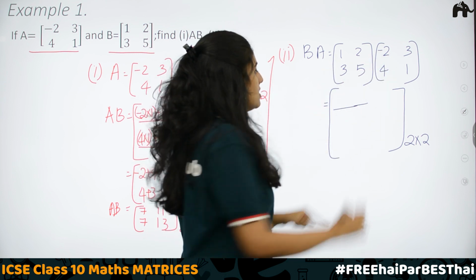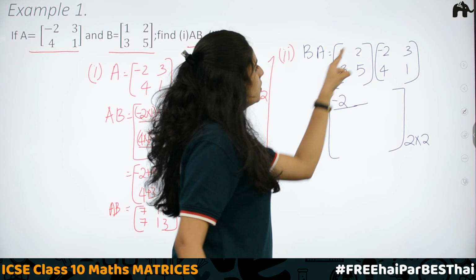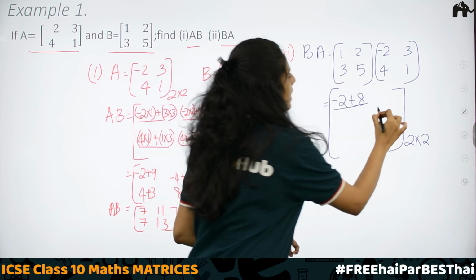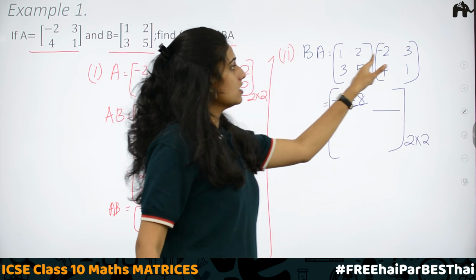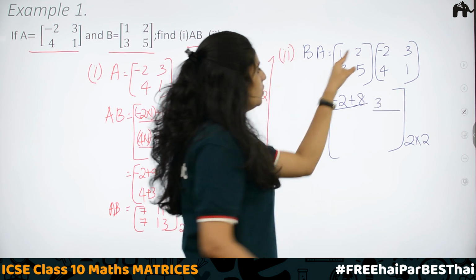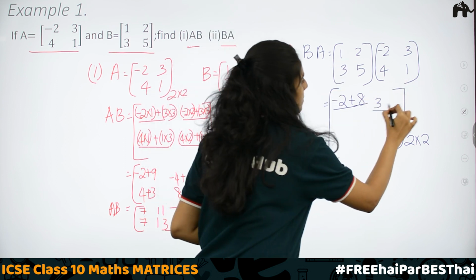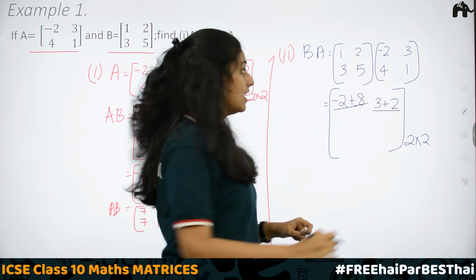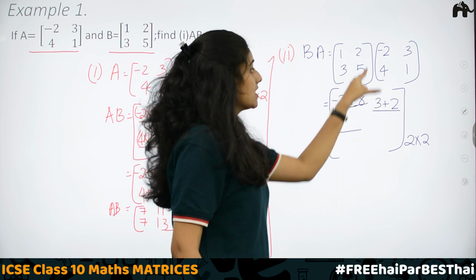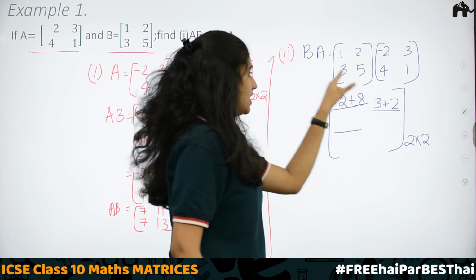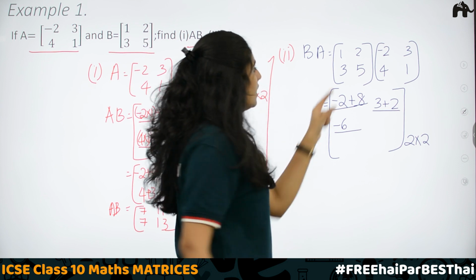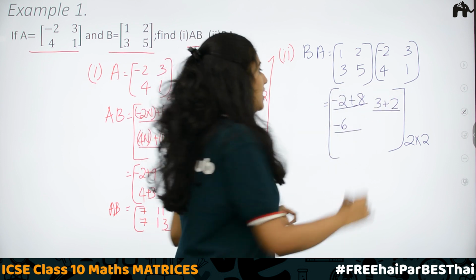1 into minus 2, which is minus 2. 2 into 4, that is 8. Next, second element, first row, second column. 1 into 3, 3. 2 into 1, 2. Next, third element, we have to consider second row of first matrix and the first column of second matrix. 3 into minus 2, minus 6. 5 into 4, that is 20.